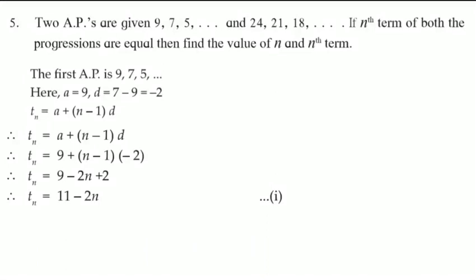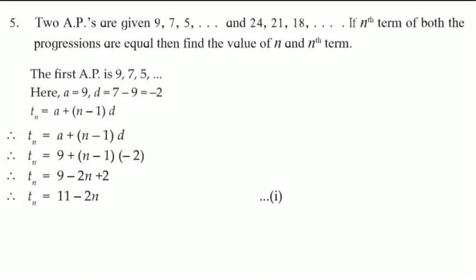So therefore we got Tn as 9 minus 2n plus 2. When you open the bracket, minus 2 into plus n is minus 2n and minus 2 into minus 1 is plus 2. So 9 plus 2, 11. Value of Tn we got as 11 minus 2n for the first AP.